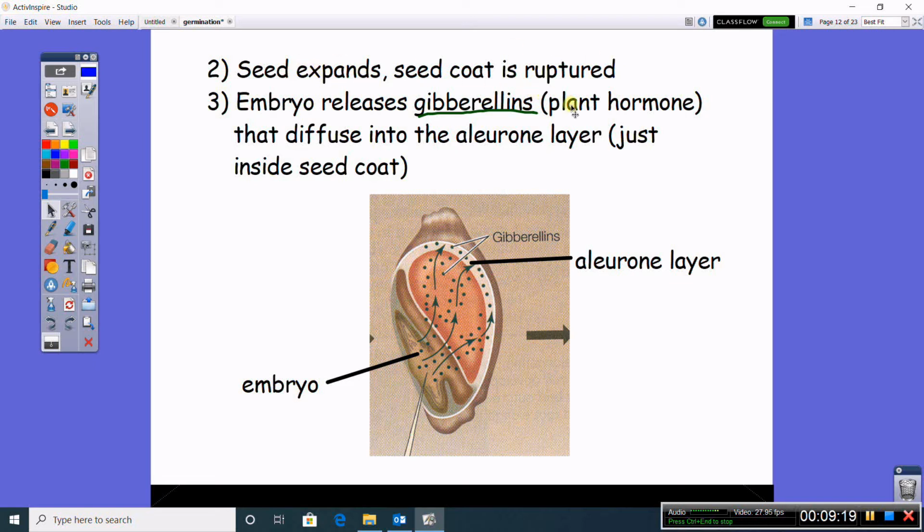When the seed coat ruptures, the embryo releases gibberellins, which is one of our plant hormones that we'll talk about tomorrow, and they diffuse into the aleurone layer, which is a layer just inside the seed coat.